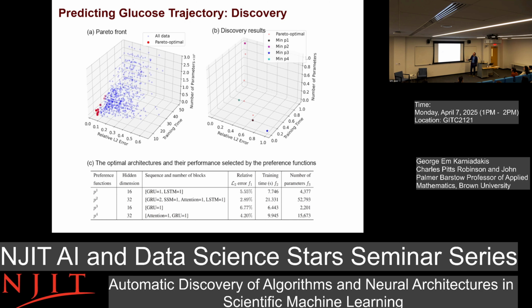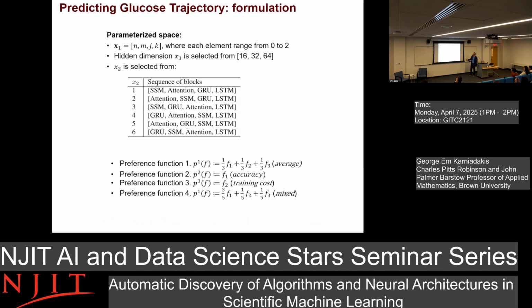And then you say, according to P1, the preference one, which was the average, the architecture is, I put first GRU and then LSTM. No transformers, no Mambas. If you care about the second one, let's see what P2 was. Sorry. P2 was this preference, the accuracy. First one was the average.